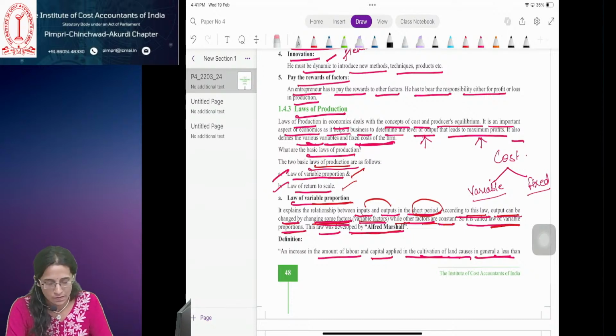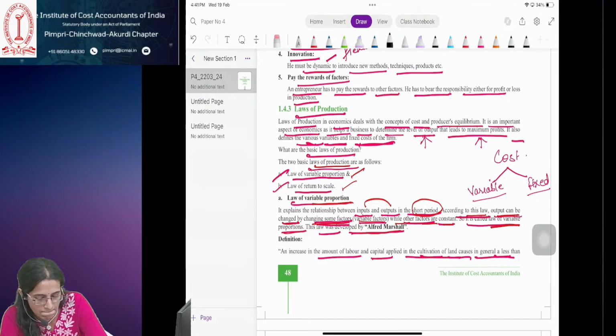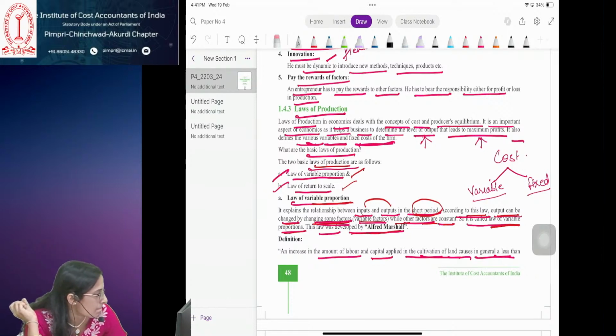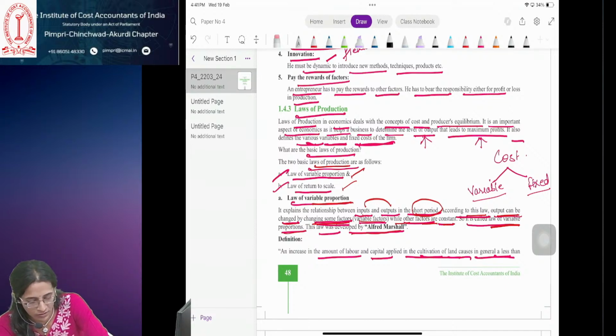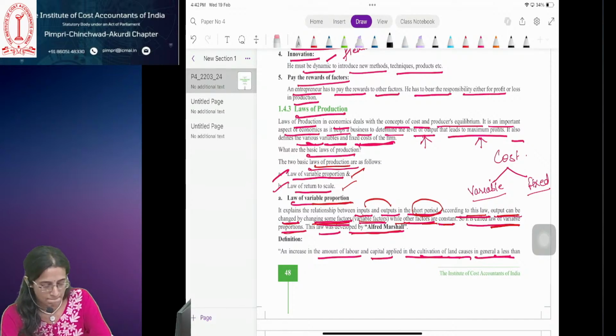What she is saying, what to revise. Typing.